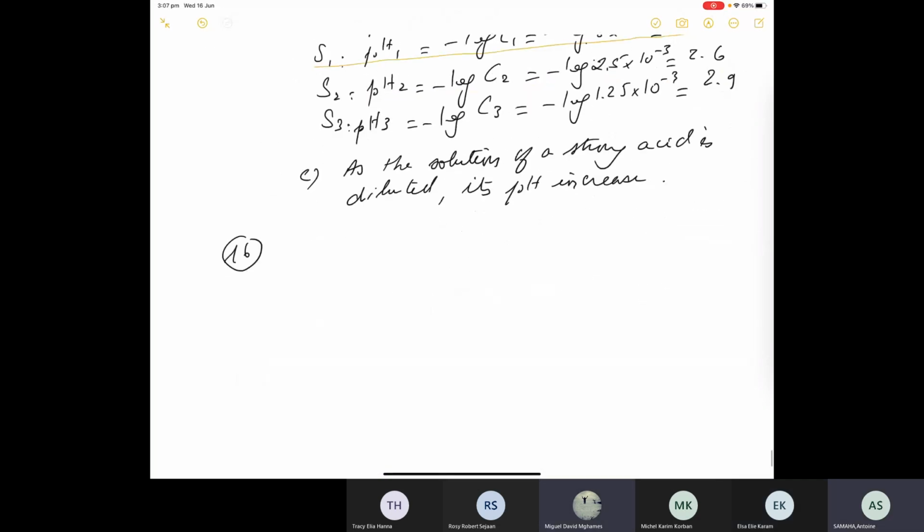So, number 16. It says starting from a solution of hydrochloric acid of pH equal to 2.9, we want to prepare 1 liter of a solution of pH 4.2.